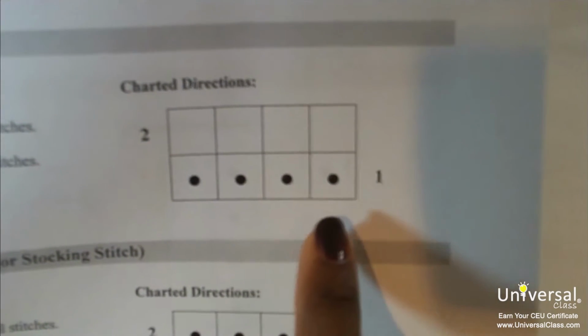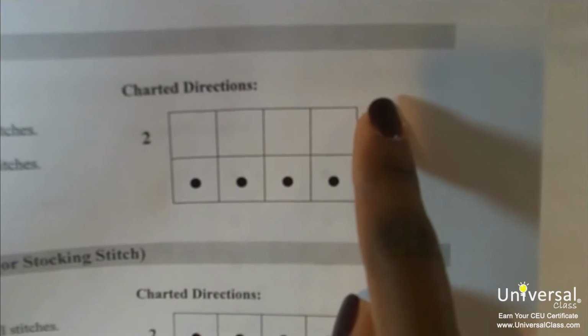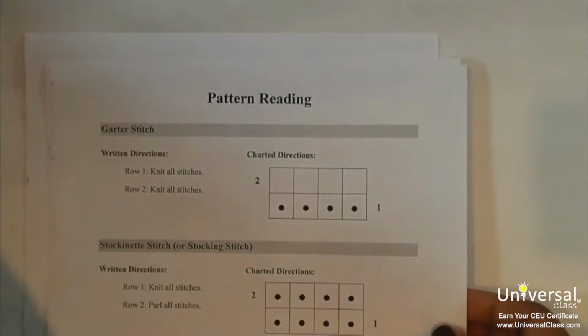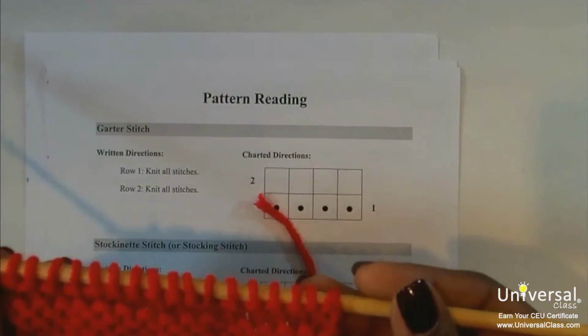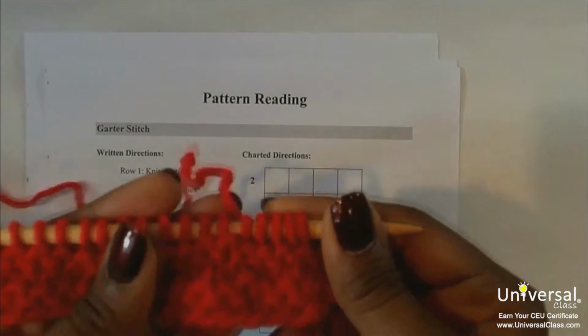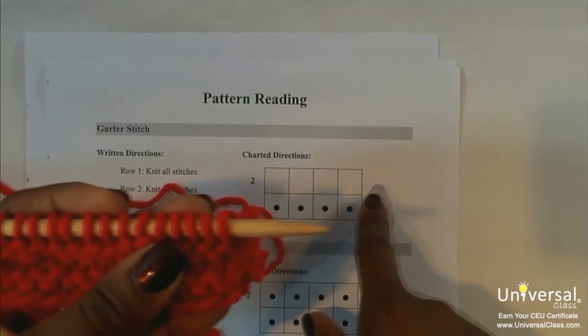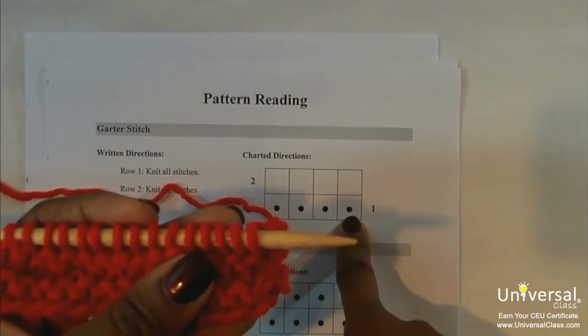You'll find in charts for flat knitting that your odd numbers will be on your right side and your even numbers will be on your left side. And the reason for this is, much like your work, whenever you do the first stitch, you're on the right hand side of your work, like the first row in the first stitch.